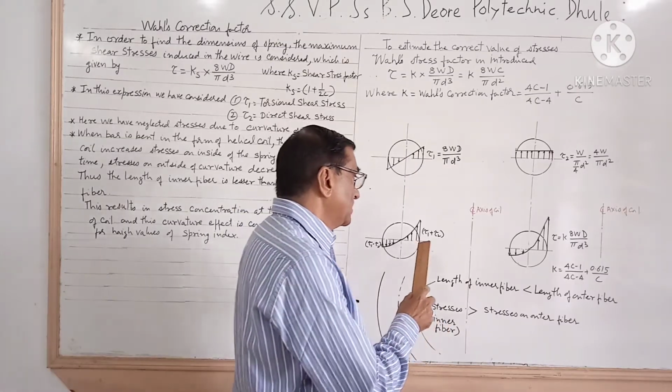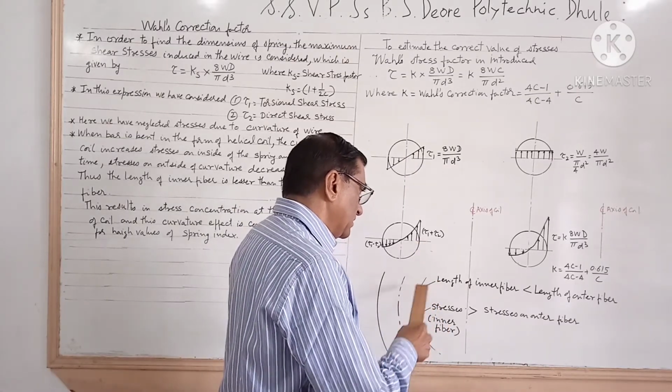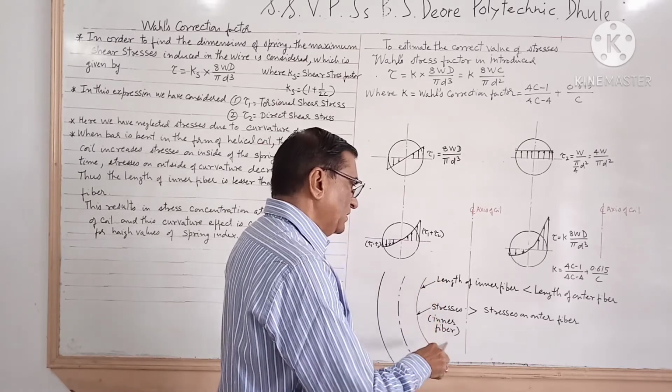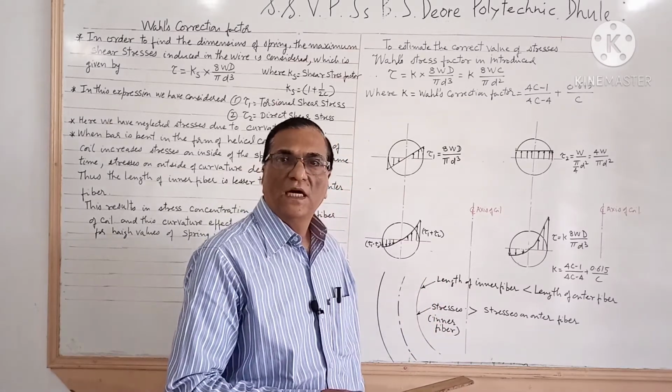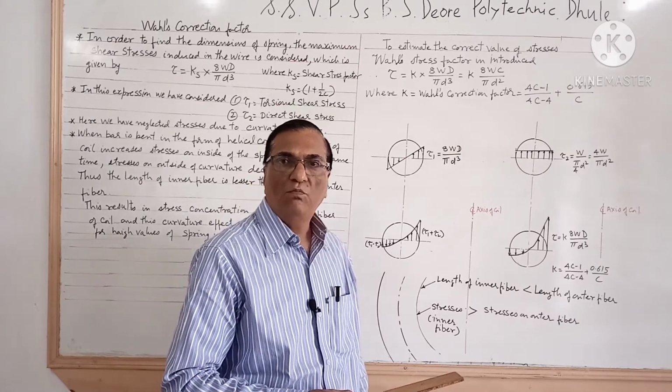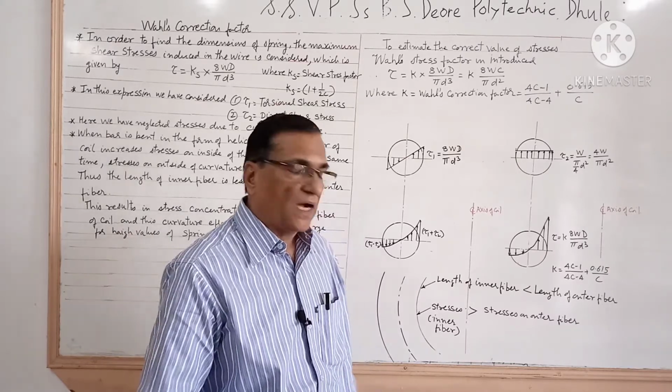Now if we consider the effect of curvature, the spring is formed by giving curvature to the straight bar.